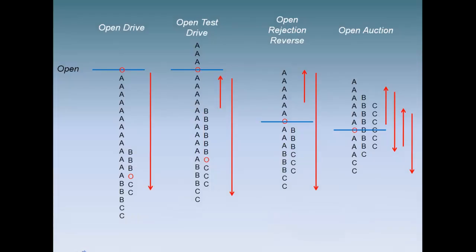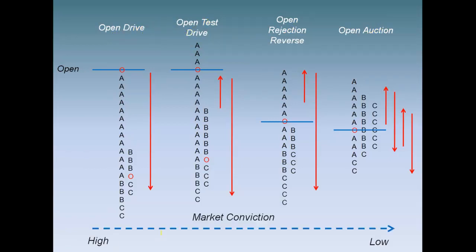So if we're going to summarize our discussion for the open, we've really talked about 4 different types of opens, and each one tells us something a little bit different about what is going to happen in the day, and also tells us something different about the degree of market conviction.